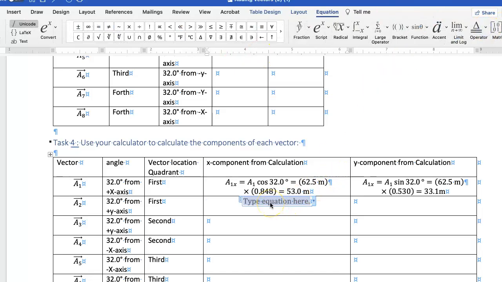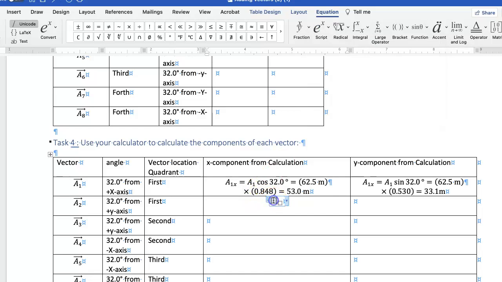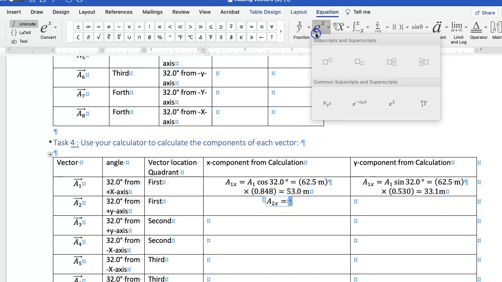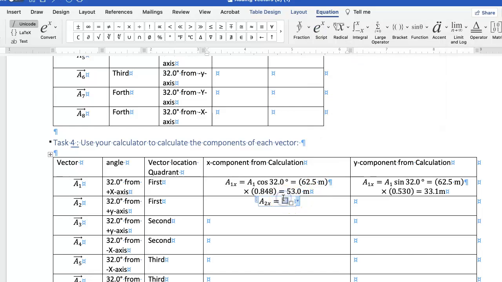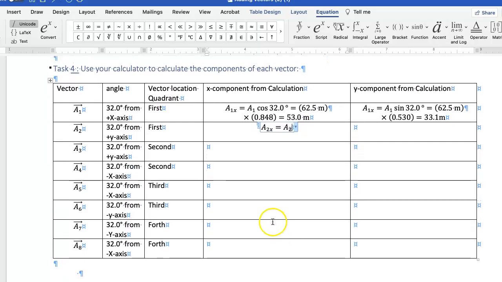Then I can say here A2x. You're just going to type in these and continue working with that. It's going to be capital A2 times cosine, and go on with this calculation.